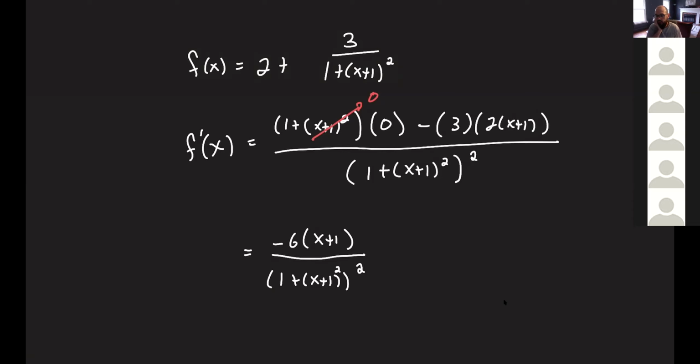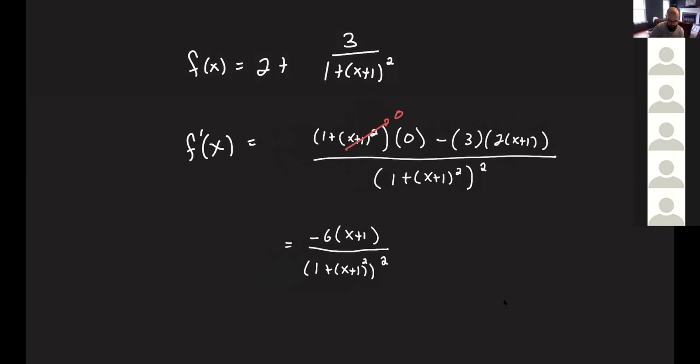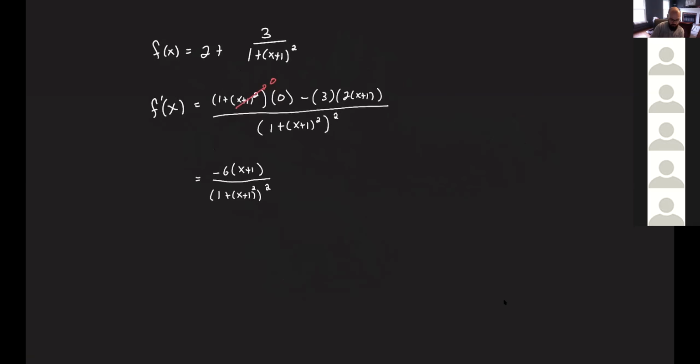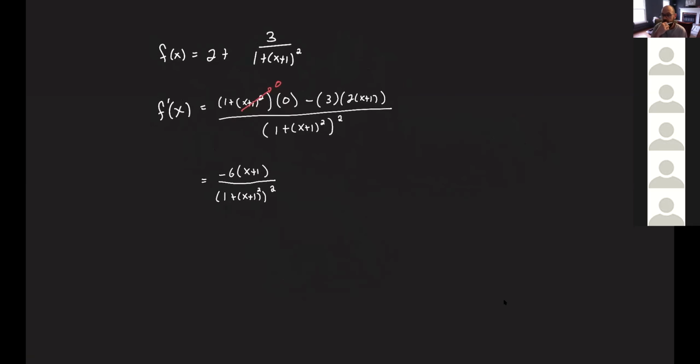Is it ever undefined? All right, so we do have a denominator. We've got a rational function here. Is this ever undefined? What do y'all think? Could we ever divide by 0, right?